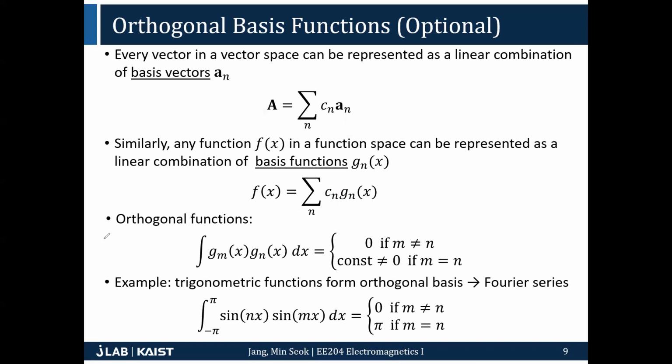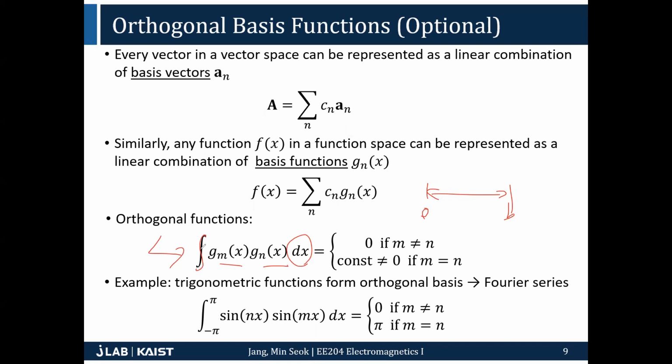There are many ways to define an inner product in a function system, but the most common way is just taking multiplication and then performing integration within the domain that the problem is defined. So in our case, it should be 0 to b, right?